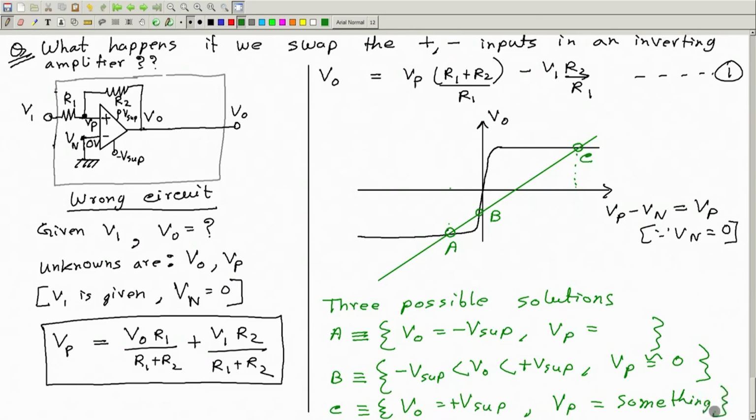So there are 3 possible solutions because we have 3 intersections. But output cannot take 3 values at the same time. Output can take only one value. So which value will it take?